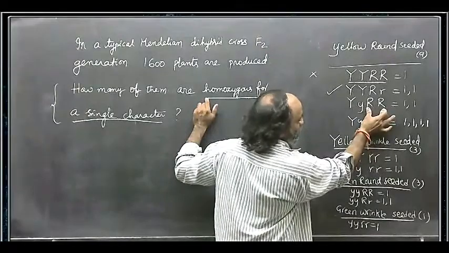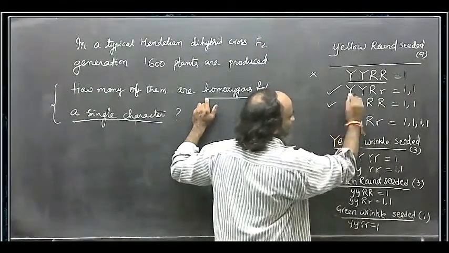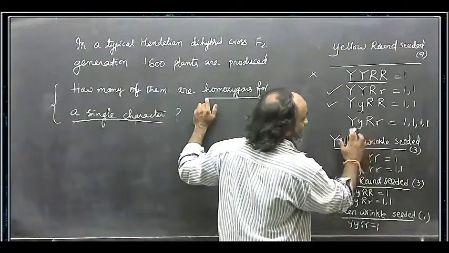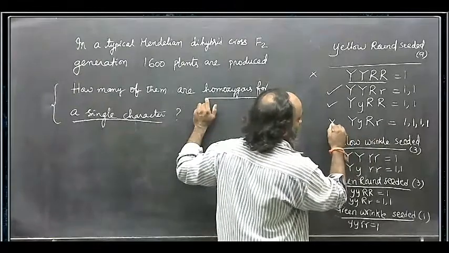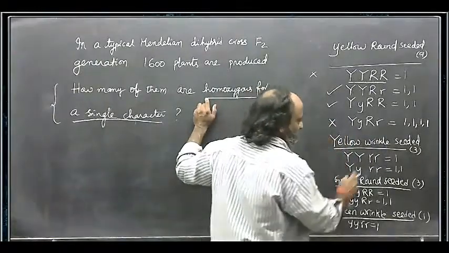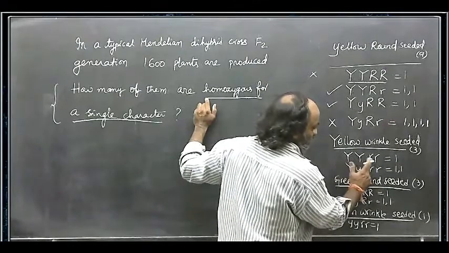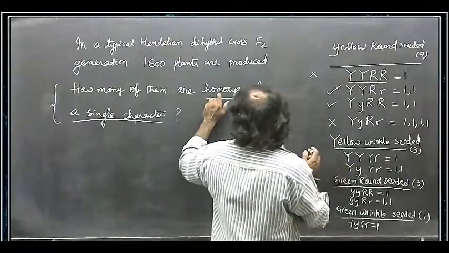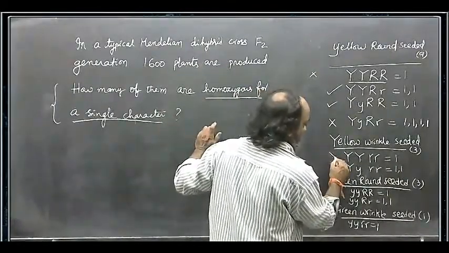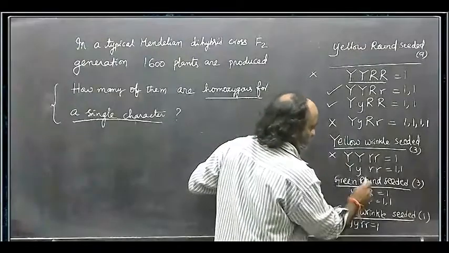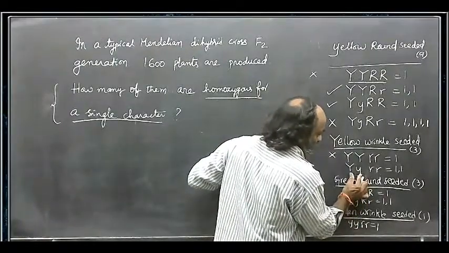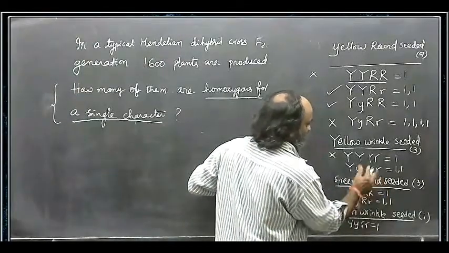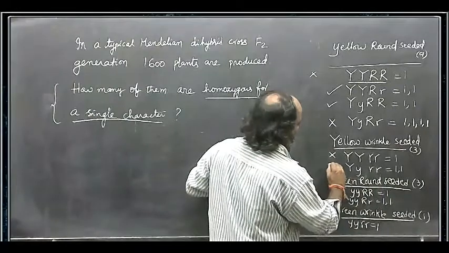Therefore, this is also homozygous for a single character. This is double heterozygous. Therefore, it is not taken into consideration. This is double homozygous. This is homozygous, this is homozygous. We want homozygous for a single character. So, this is not taken into consideration. This is heterozygous and this is homozygous. So we have only one homozygous condition. So you can take this into consideration.